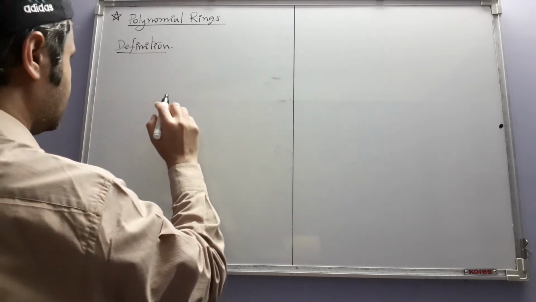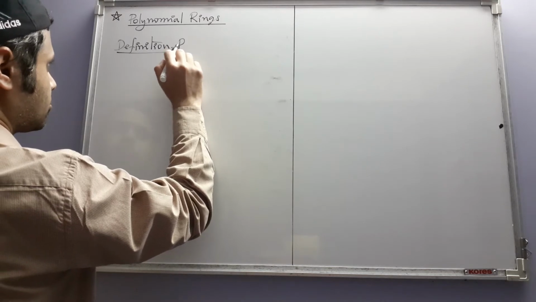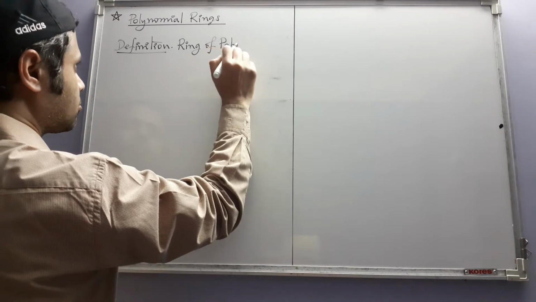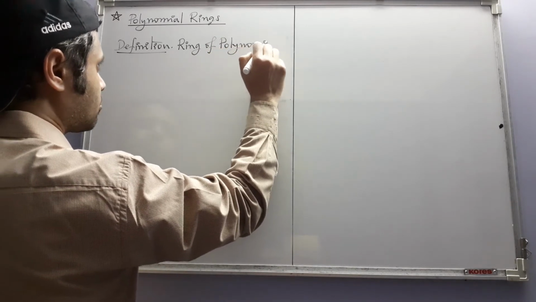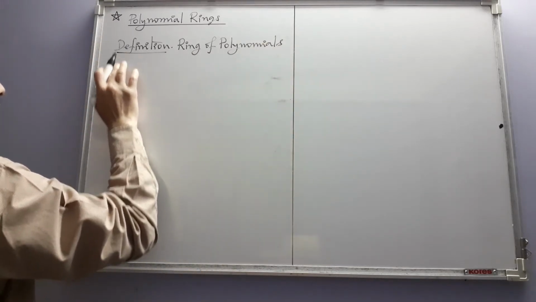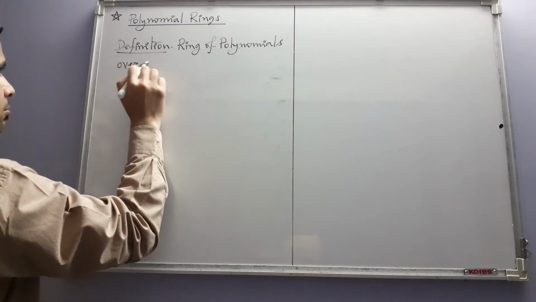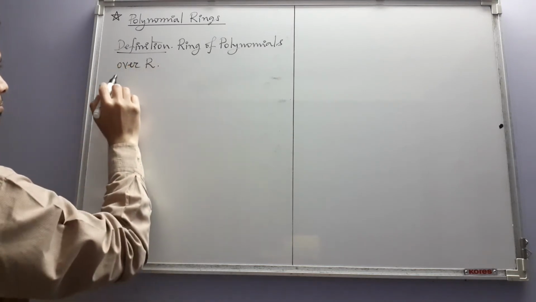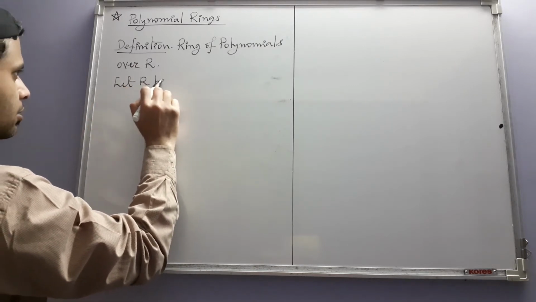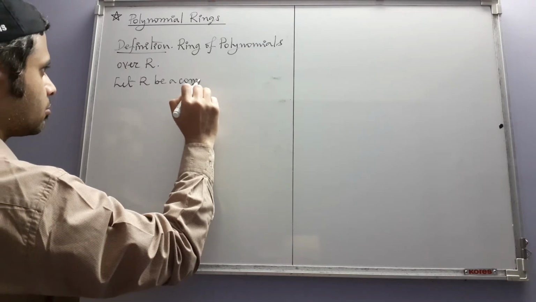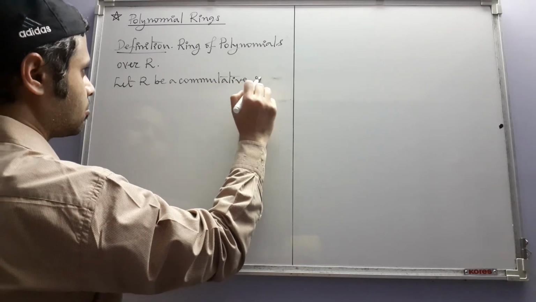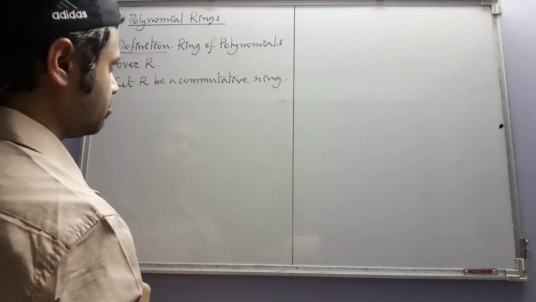And this definition has a name also: ring of polynomials over R. And the definition goes like this: let R be a commutative ring.